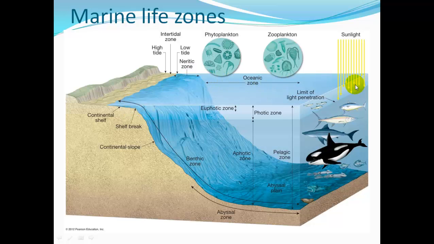Then we have our oceanic zone. Here's our benthic zone. It's the seafloor. The abyssal plain, the pelagic zone. The aphotic zone is all below, where there's no sunlight. The photic zone is the region with the sunlight. Euphotic is the very top portion of that photic zone.